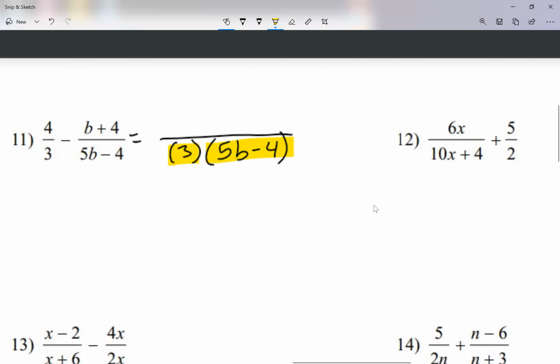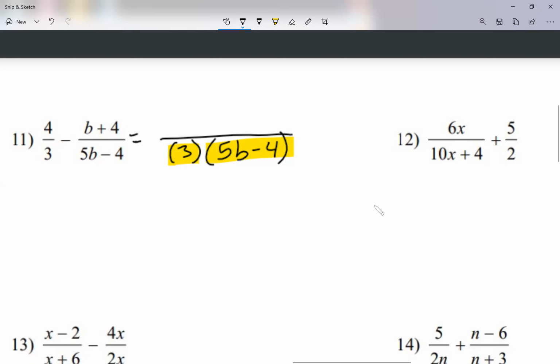Looking at my first fraction, what does my common denominator have? When I say common denominator, I mean what I have highlighted. What does my common denominator have that the first fraction does not? And you guys are going to say, well, a 5b minus 4.